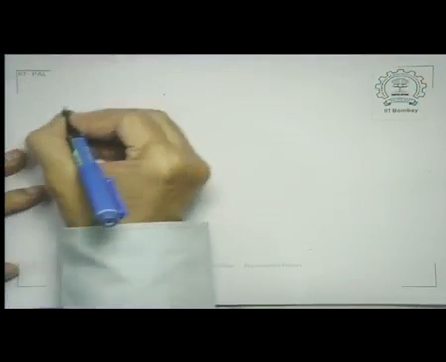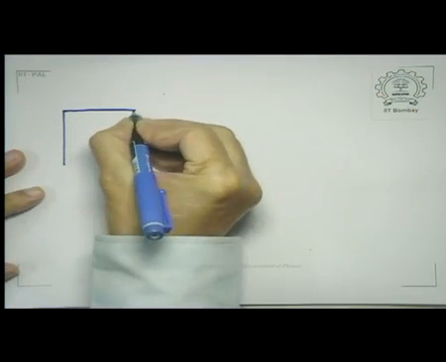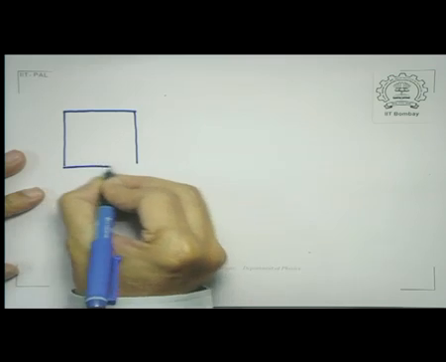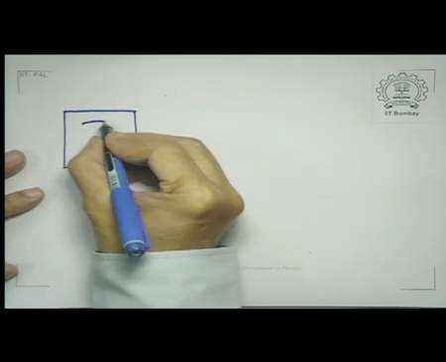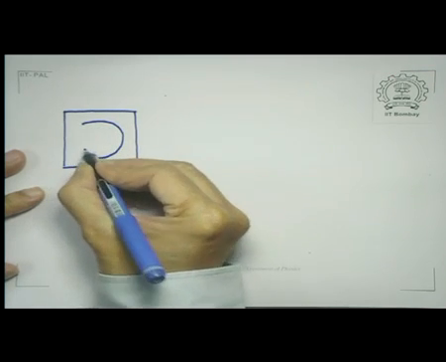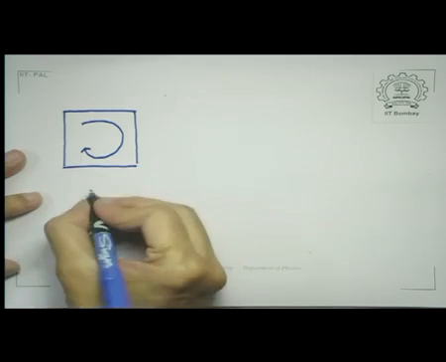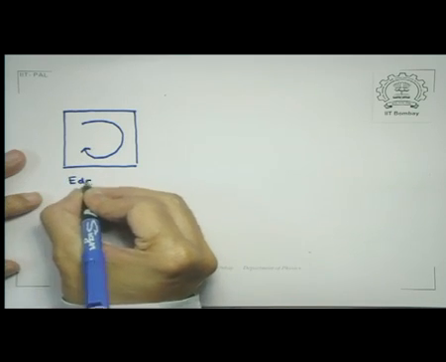So if there is a single block, then the eddy currents which will flow on the surface would be something like this. So this is eddy current.